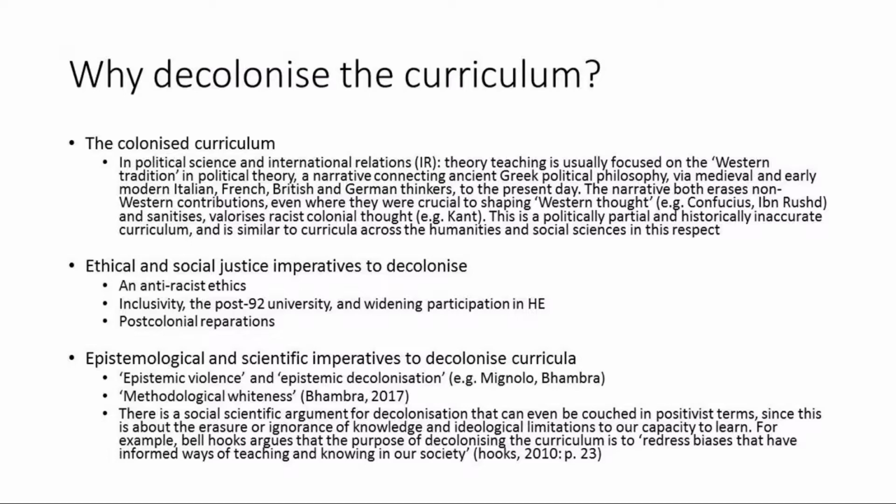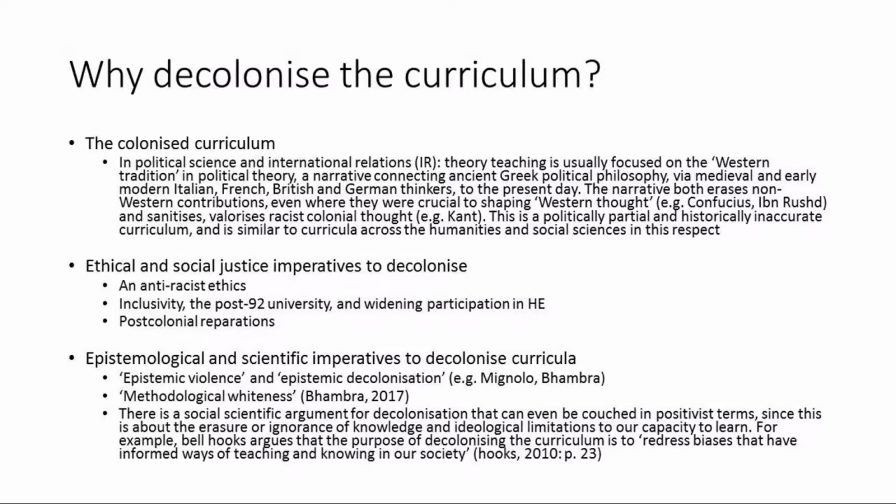And in doing so, I think it does two things. That narrative, and it is a narrative rather than a simple historical reality, first of all erases the contribution to political thought generally, to global social and political thought, but also to the thought of these great white men that we traditionally introduce students to.